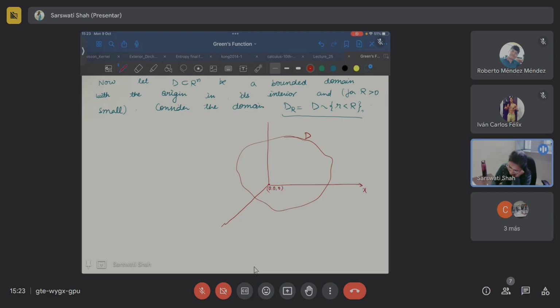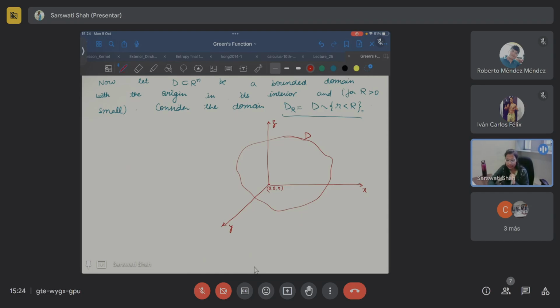I'm just taking 3 dimensions, because for more than 3 dimensions it is not possible to project it on the notebook. So let D be contained in Rn, a bounded domain with the origin in its interior. So the origin is inside the domain.